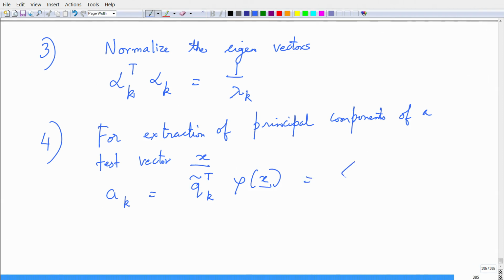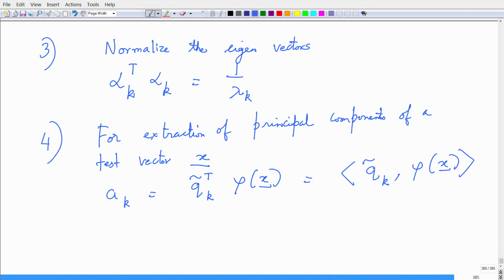This is basically the inner product of the eigenvector with the vector in the feature space, and this is how you can compute the projections and then from this you can represent the vector in the feature space and look into the corresponding compact representation if you want in the feature space, right.